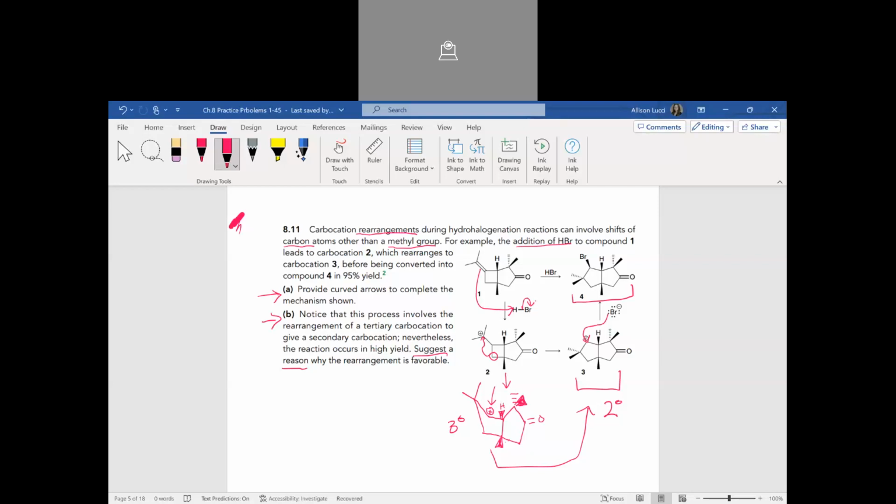Well, the reason behind this is that this involves something called ring expansion, and it's favorable because in compound 2 there's more ring strain.